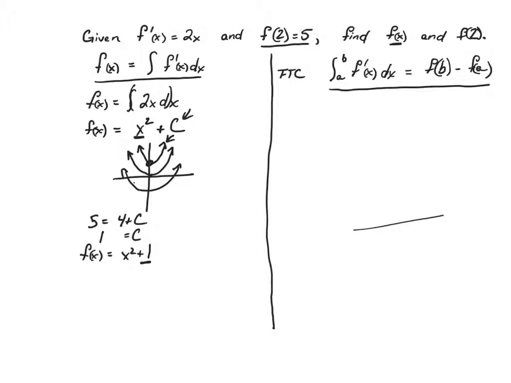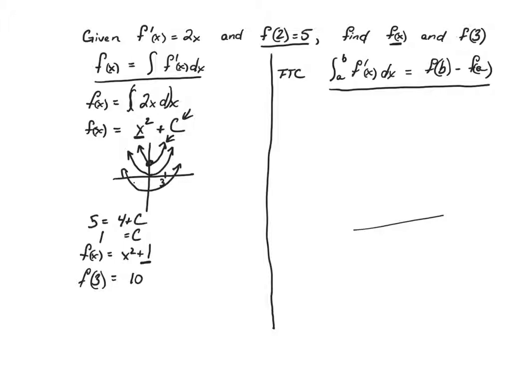So let's get rid of this, and let's find f of 3 instead. I would plug 3 in. So I'm looking at 3 over here someplace, and what do I get out? I'm going to get 3 squared plus 1 is equal to 10.